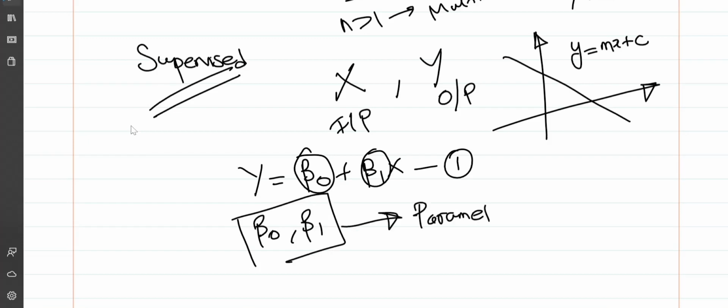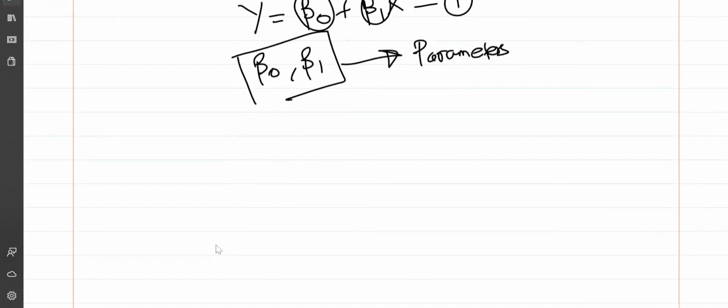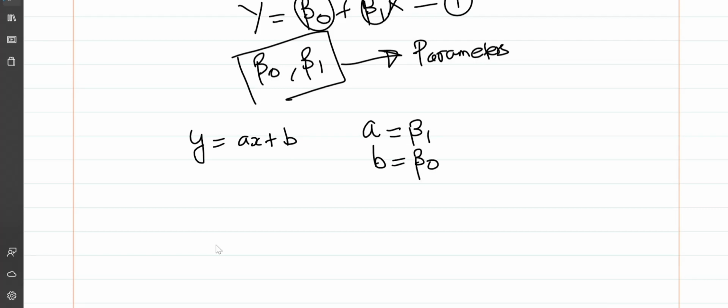For simplicity, let's compare this equation with the standard equation, that is ax plus b. We can see that the slope of the line is given by the value a, which in our case is beta 1, and the intercept of the line, that is b, is beta naught in our case.